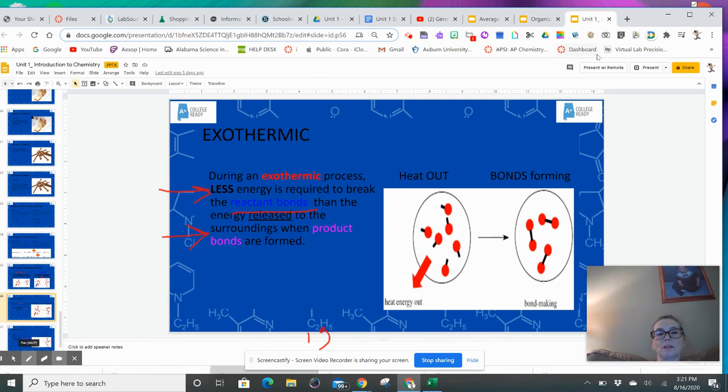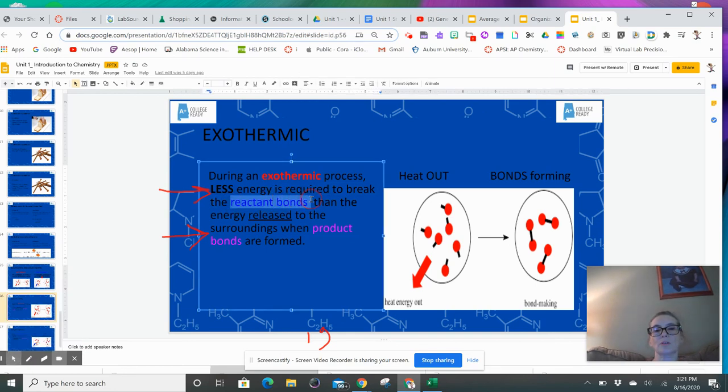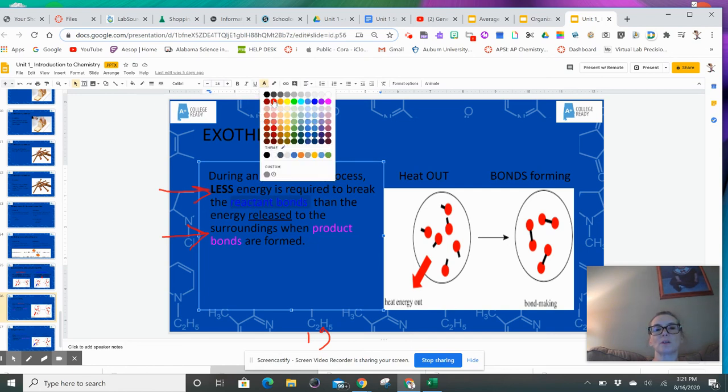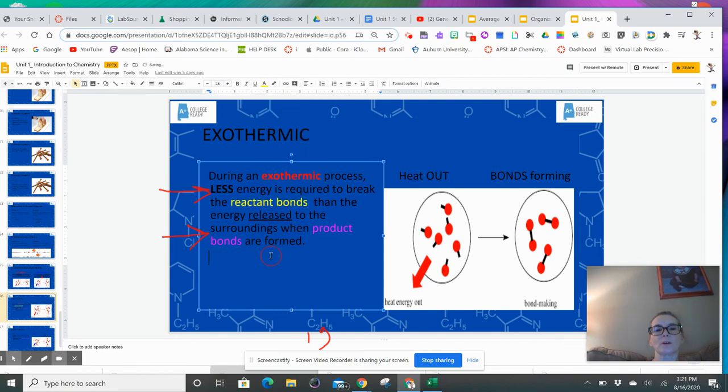Let's see if I can change the color of that, because that is very difficult to see. There we go. So less energy is required to break bonds than the energy released to the surrounding products.